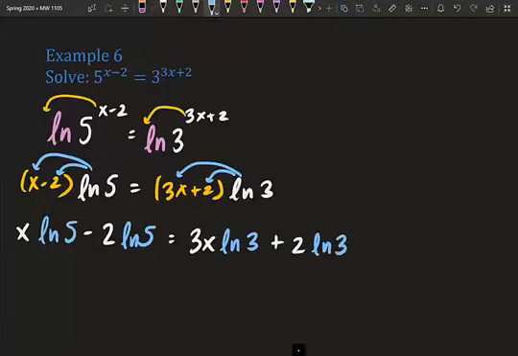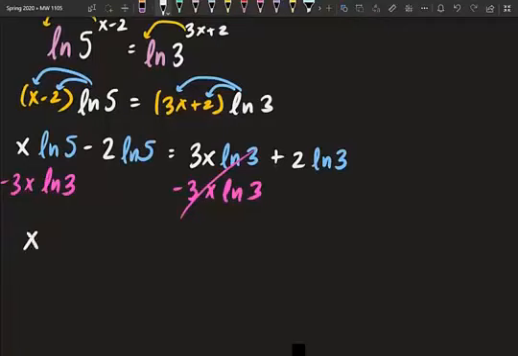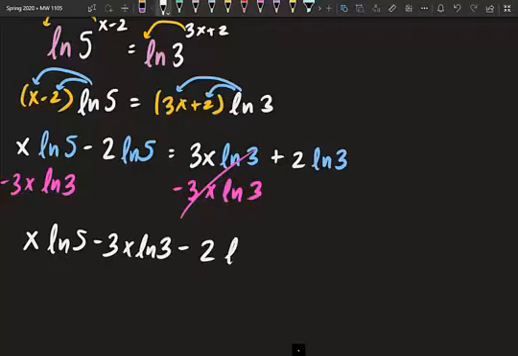Alright, just like before, anything with an x goes to one side, anything without an x goes to the other side. So what I'm going to do is subtract 3x ln 3. And when we do, we have x ln 5 minus 3x ln 3 minus 2 ln 5 equals 2 ln 3.